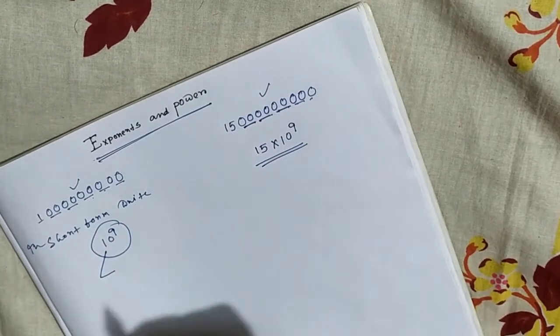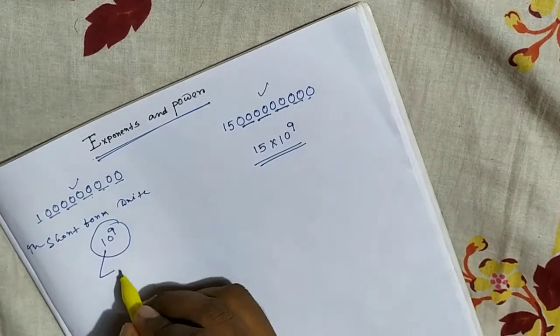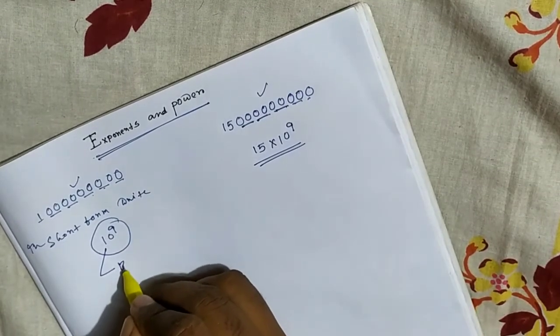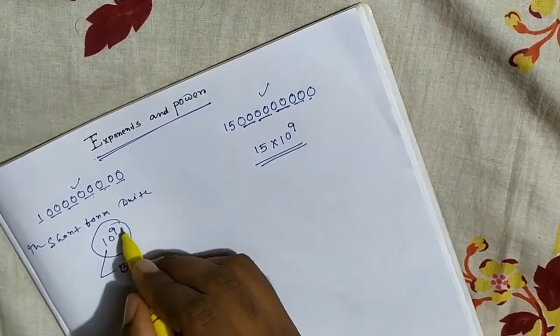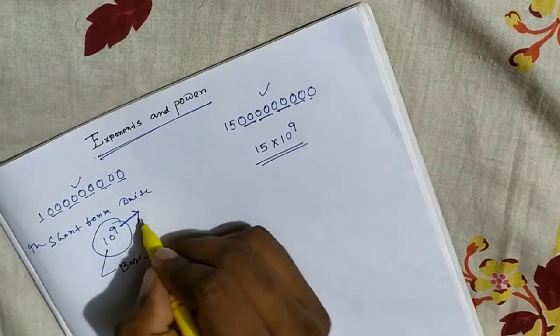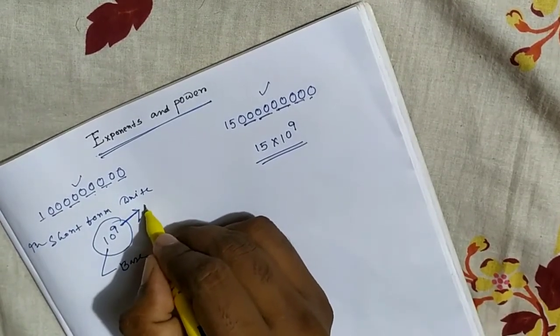Here this 10 is called the base and 9 is called the exponent or power.